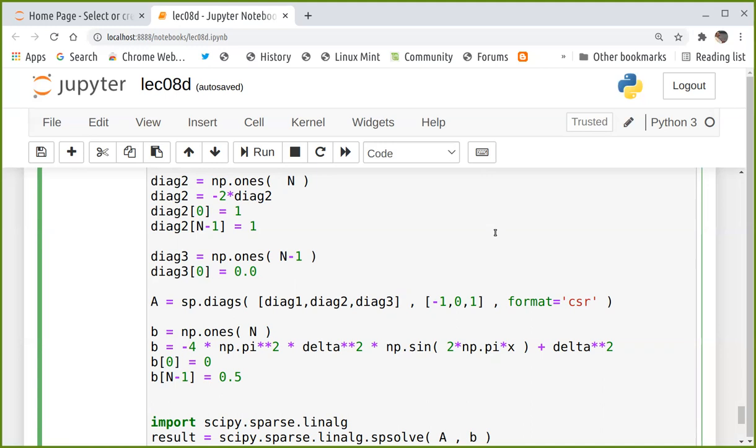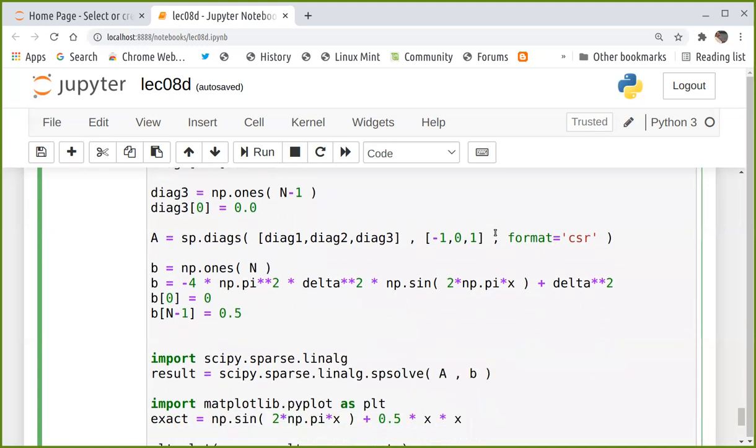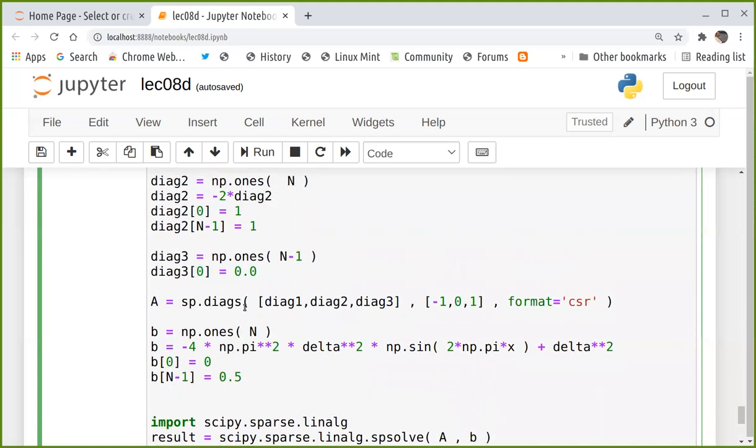Okay, so once again, I construct these. I use the sparse module, the method diags, to construct a matrix out of diagonals. The 3 non-zero diagonals are the lower, main, and upper diagonals.